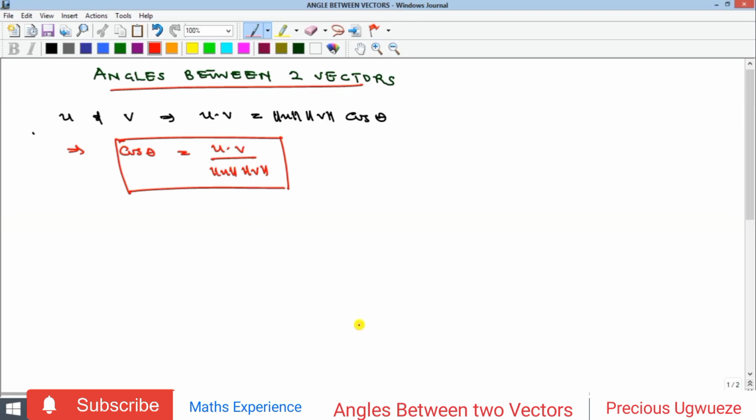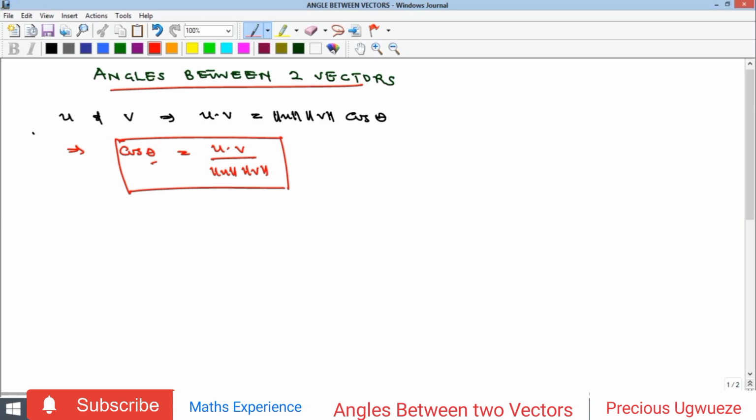Just find their dot product and the two magnitudes, substitute into this formula, and then find the cos inverse of the value on the right hand side, and that will give you the value for theta.